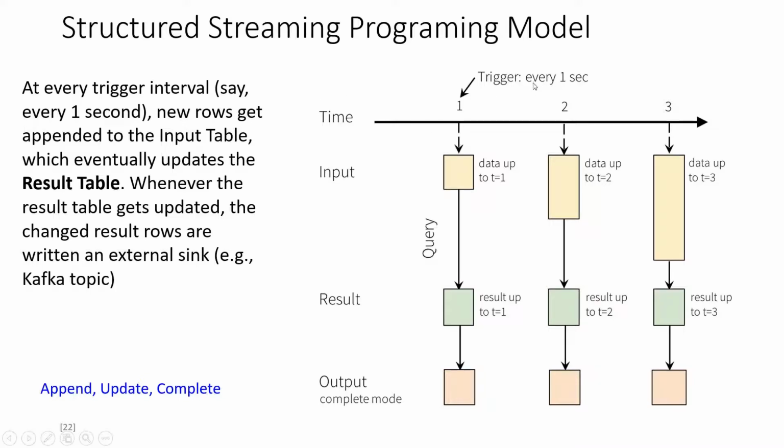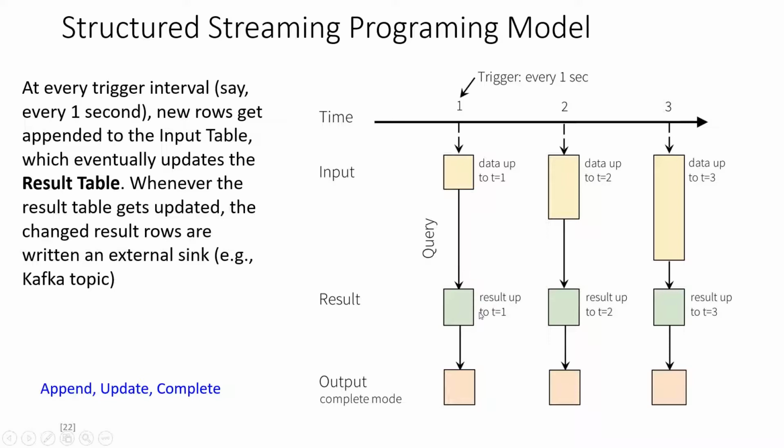Here, at each second, Spark starts reading from the input source and then applies some query. A query is a set of data frame operations. Then it updates the unbounded table that records the result.